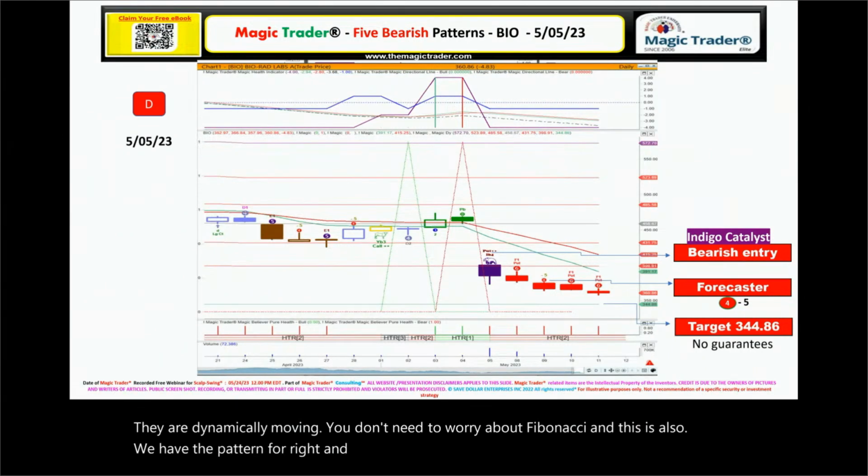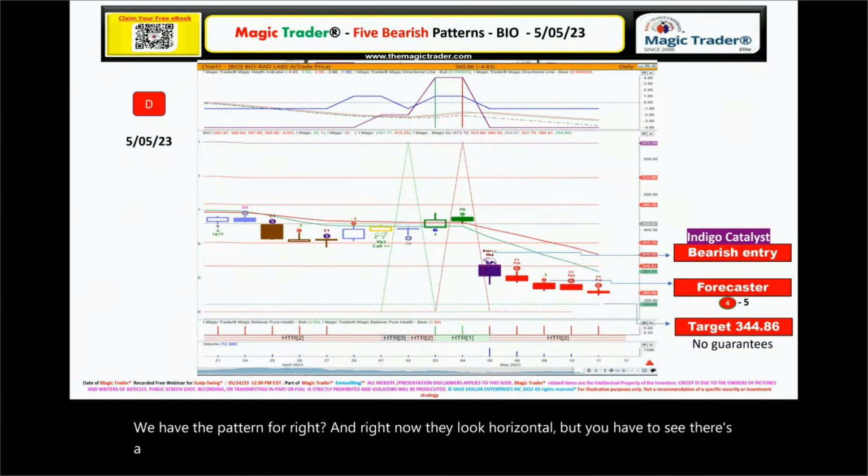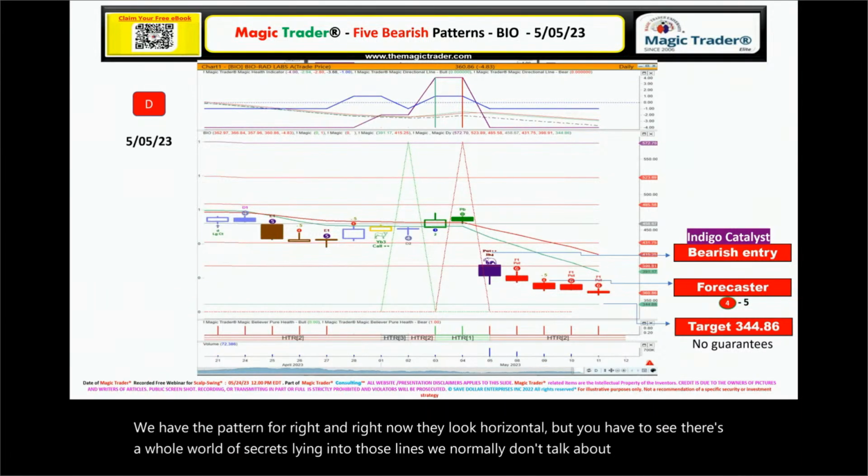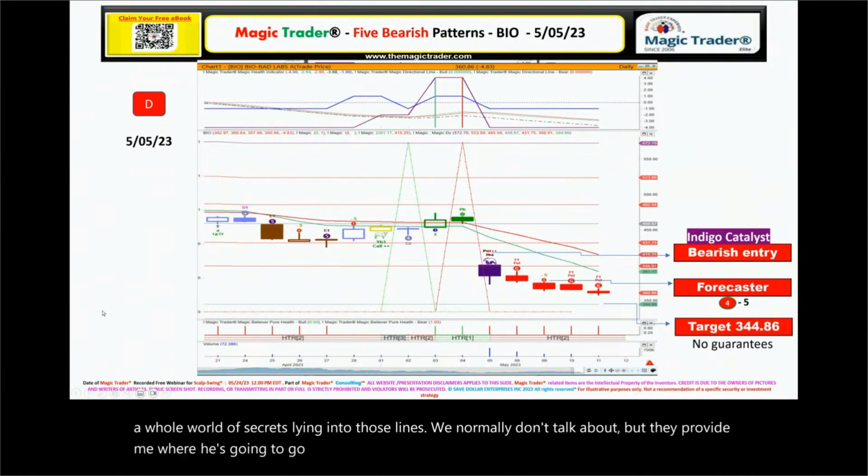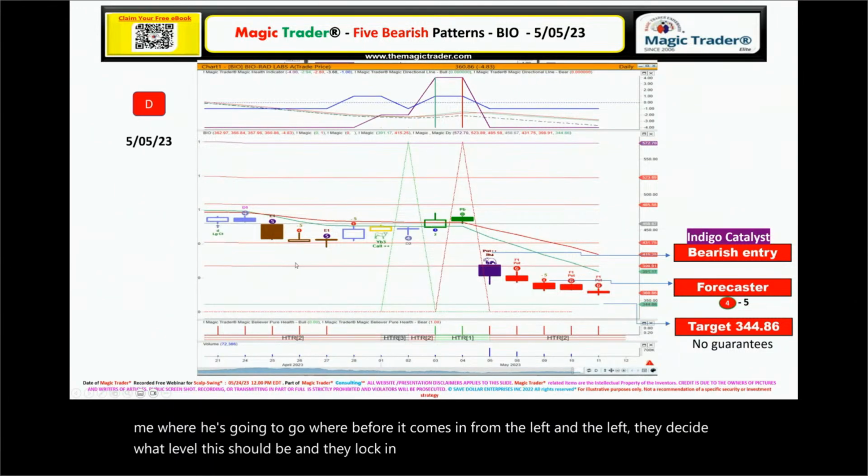Right now they look horizontal, but you have to see there's a whole world of secrets lying in those lines. We normally don't talk about them, but they tell me where it's going to go way before it comes in from the left. On the left, they decide what level this should be, and they lock in, and then they dynamically change.